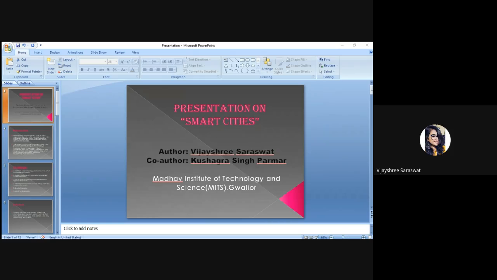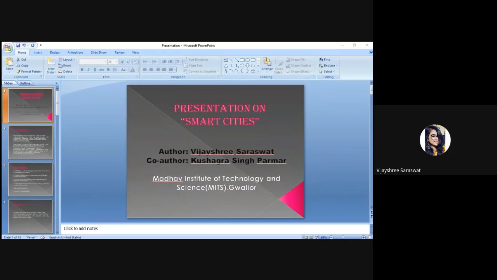So, moving towards the introduction part, the term smart cities, though new, is very much in vogue these days. Still, it is not very clear to many, so it is necessary to explore various facets required to make a city smart and create awareness among administration and people. The concept of smart cities originated in 2008.